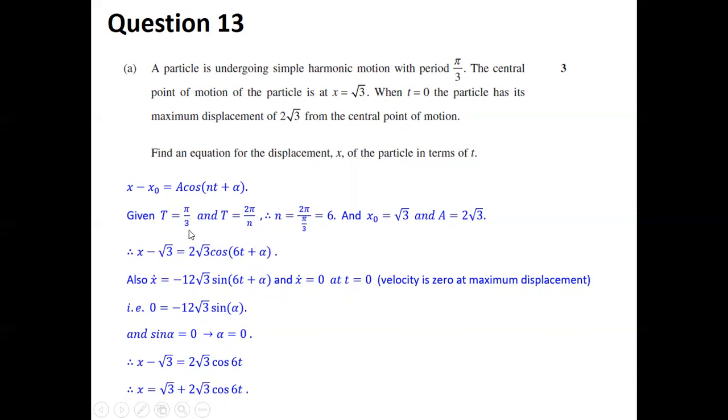If the student uses the equation of cos, they find that the initial phase is 0. Some students did it by using the diagram, which is a lot less work, just recognizing where the center of the motion is, the amplitude, and that there's no initial phase for the cos.